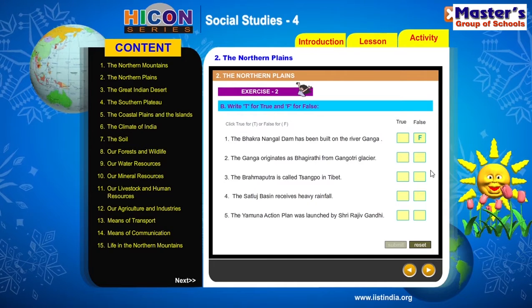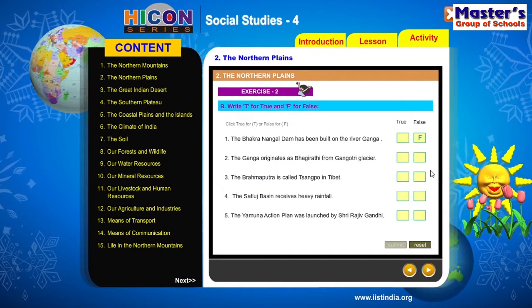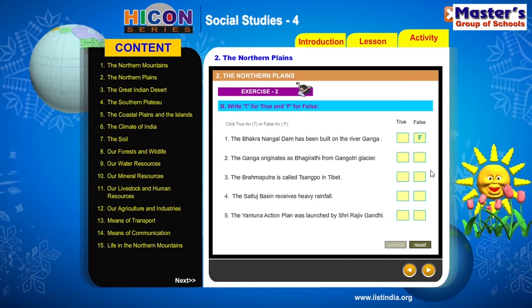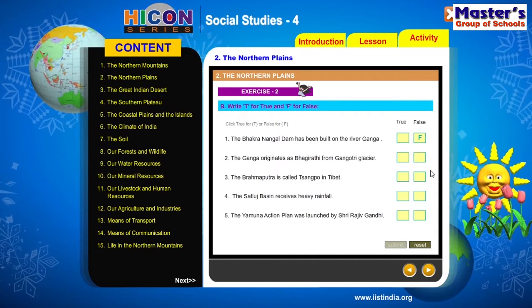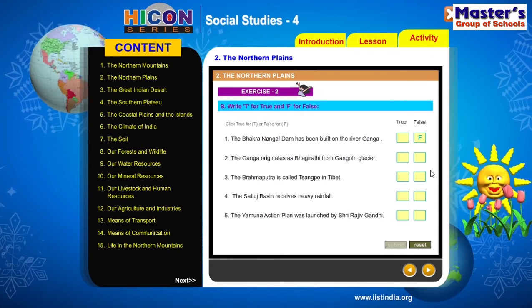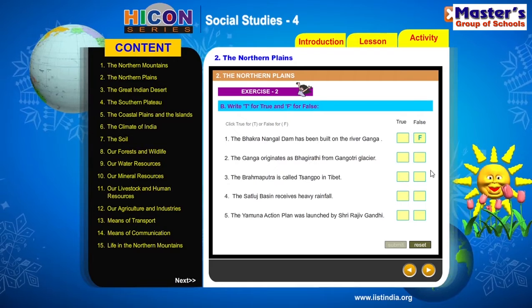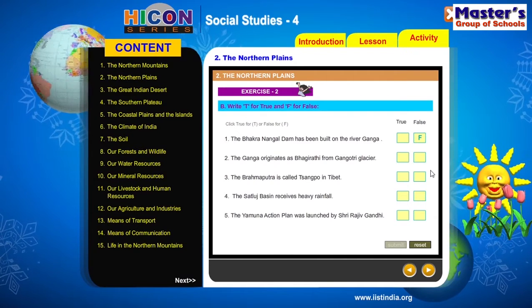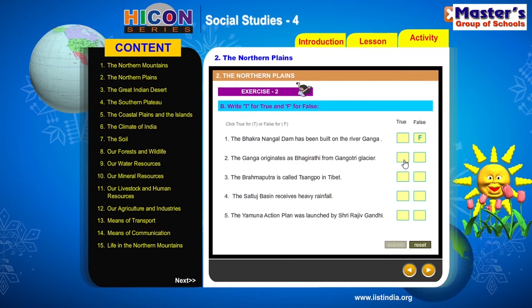False. Second sentence. The Ganga originates as a Bhagirathi from a Gangotri glacier. True. Ganga originates from the Gangotri glacier, and when it originates, it's not called Ganga, but it is known as Bhagirathi. Right?